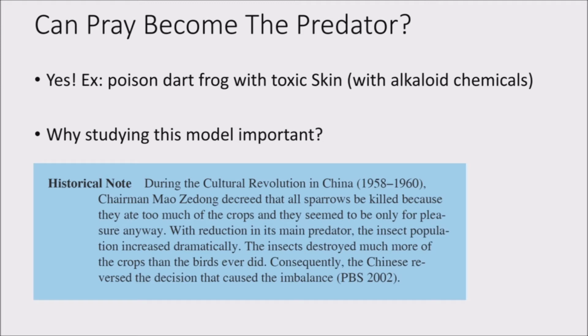So why? Well, the birds were actually eating those insects, so they kept the insects in control. Because of that, crops survived more than when the insects started eating the crop, right?